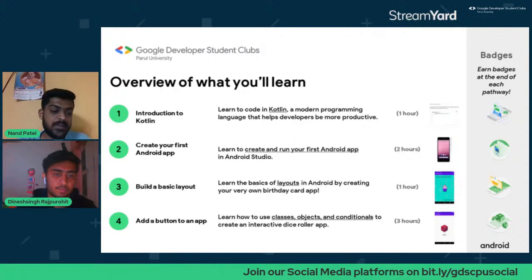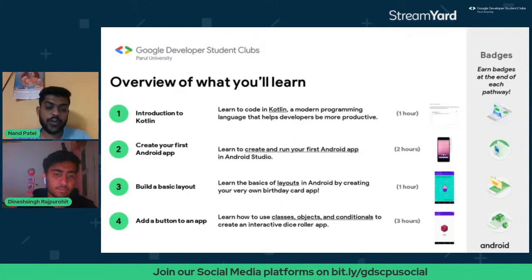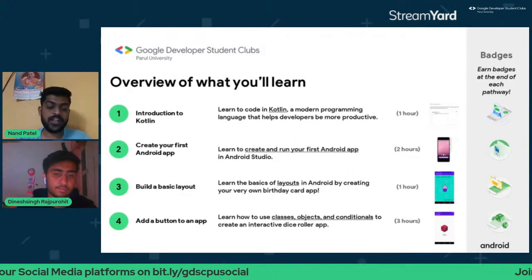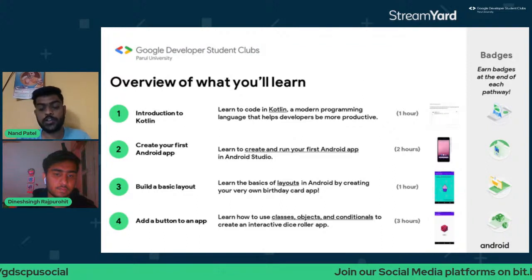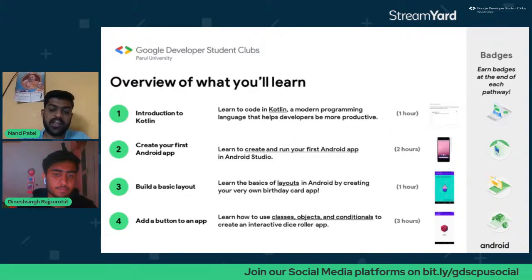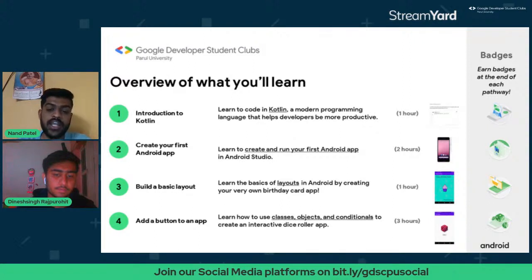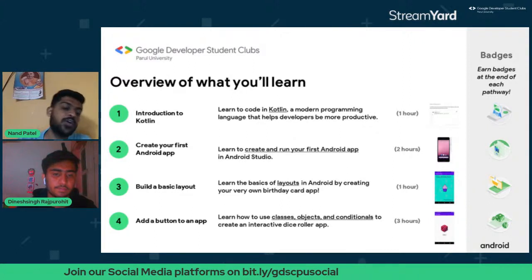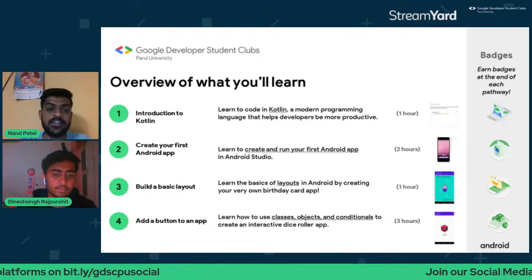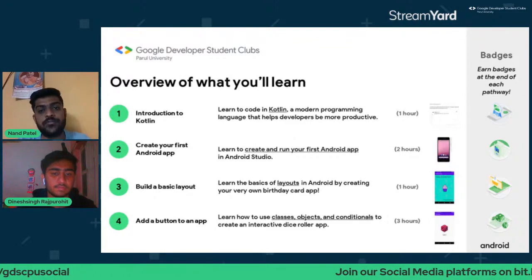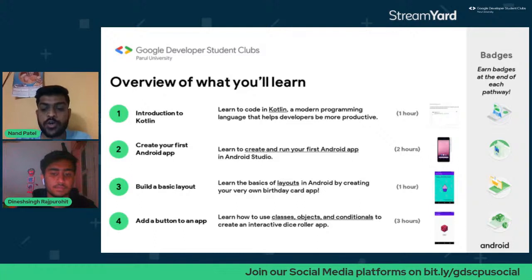Building a basic layout is the third chapter, where you learn the basics of layouts in Android by creating your very own birthday card app. There will also be a playground portal where you can play with the Kotlin language. Apart from watching the video, implement it on the playground given for Kotlin programs.